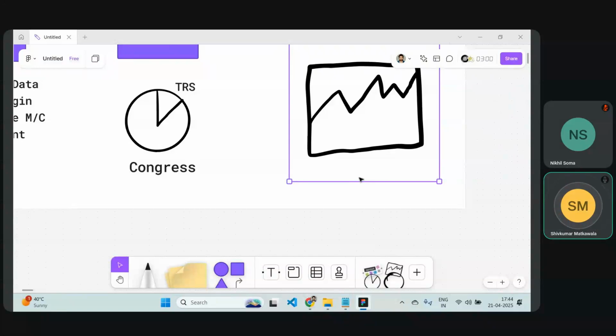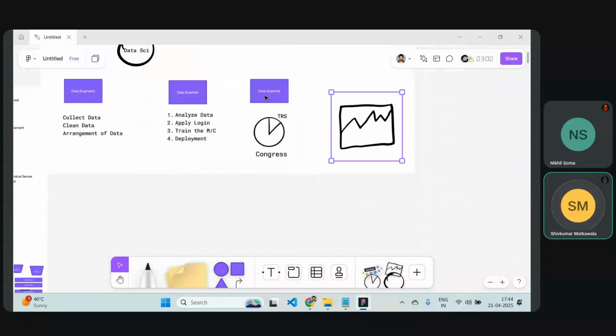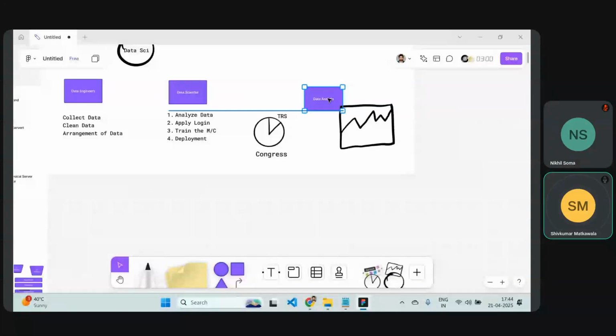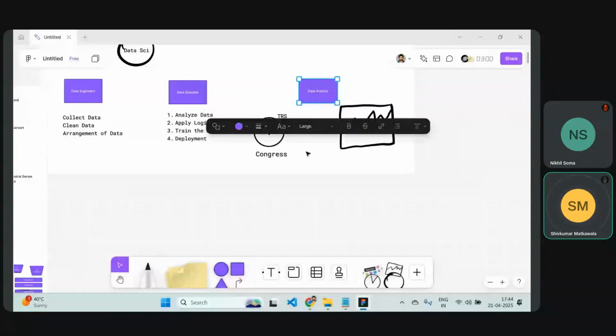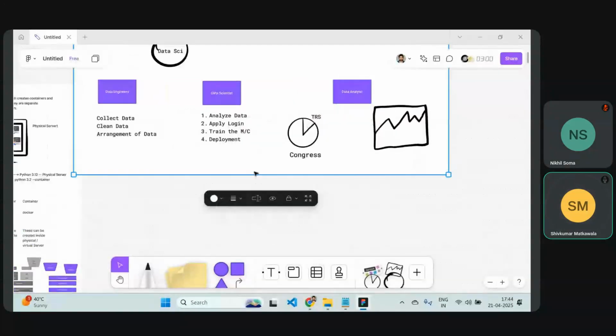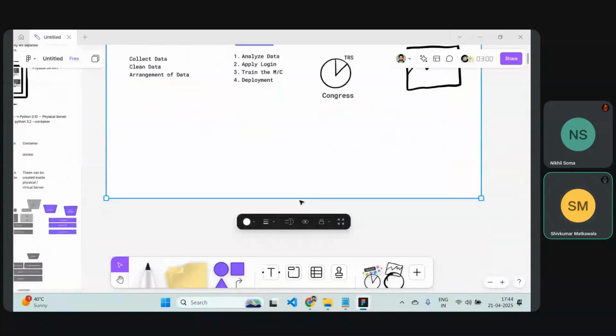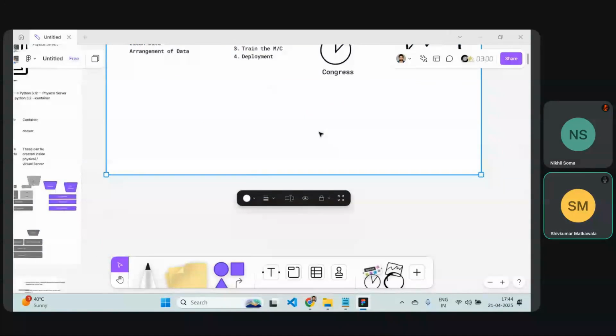This is the work of another guy called the data analytics engineer. These guys will create different charts, graphs and all, and will create nice dashboards. So this is what you will be understanding.